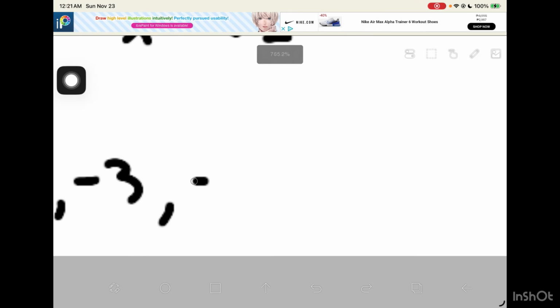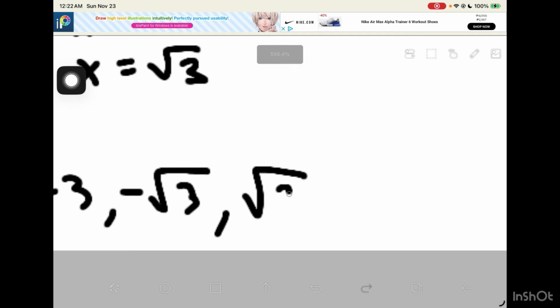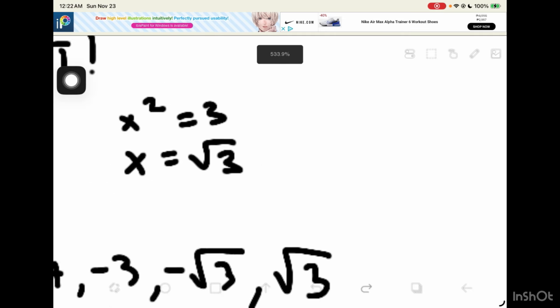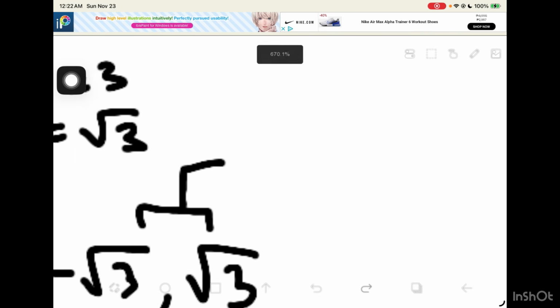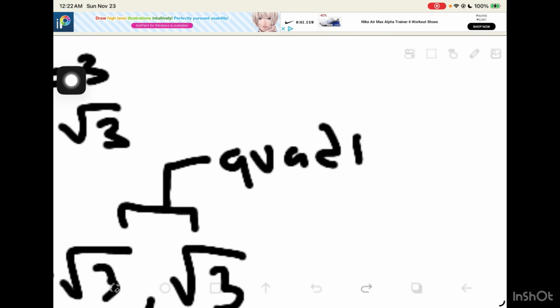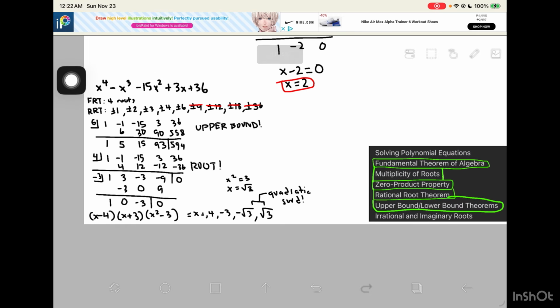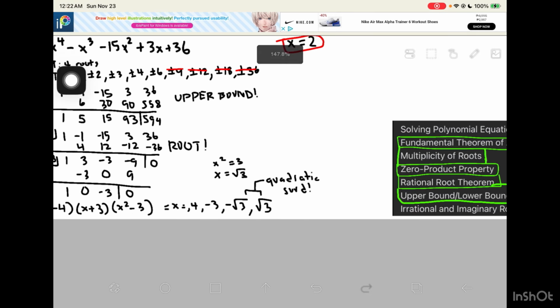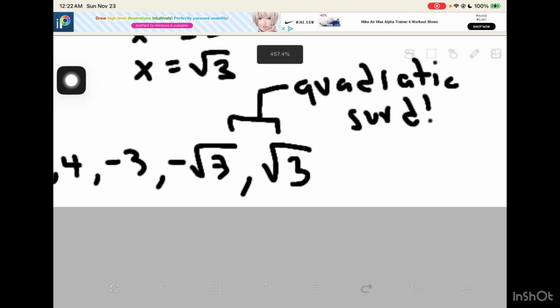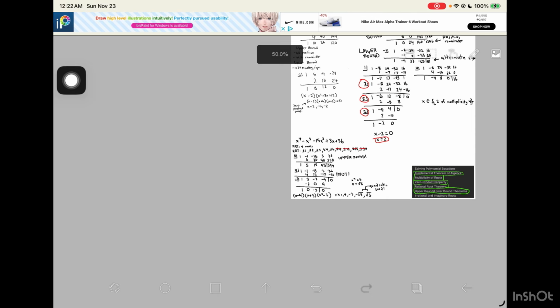So we can put negative root 3 as well as root 3 itself because of quadratic surd. That's also known as the irrational root theorem. I think so, but that's the name I came up with.